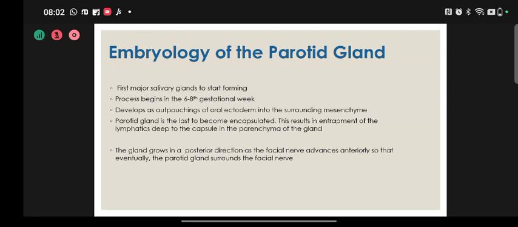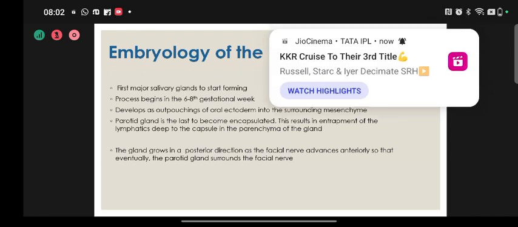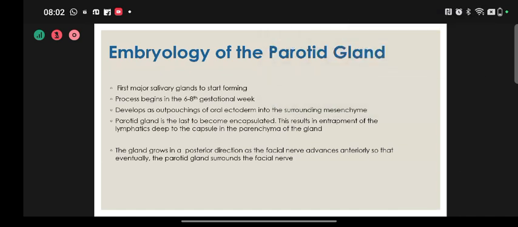It develops as outpouchings of oral ectoderm into the surrounding mesenchyme. What is important is that the direction of the growth of the gland is such that it ends up surrounding the entire facial nerve. So the gland grows in a posterior direction as the facial nerve advances anteriorly, and this is how the gland ends up surrounding the facial nerve.